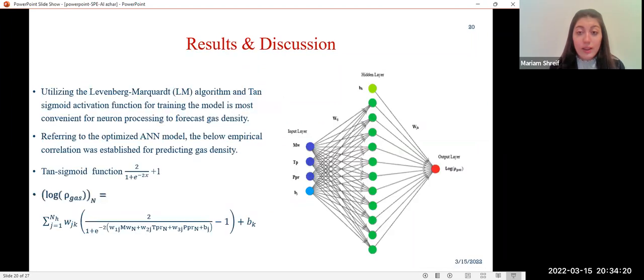So I said that we used one hidden layer for this model, but many of you might ask, why have you used one hidden layer? Why not more? How many hidden layers should we usually use in an ANN model? So the answer is simply, we don't have a general rule for that.